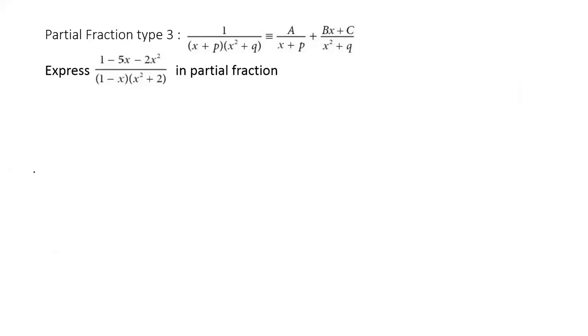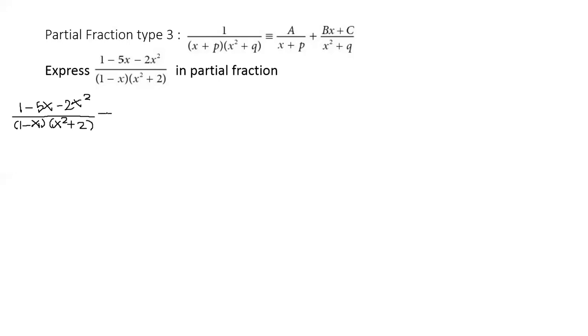This one: 1 minus 5x minus 2x squared over (1 minus x) times (x squared plus 2).